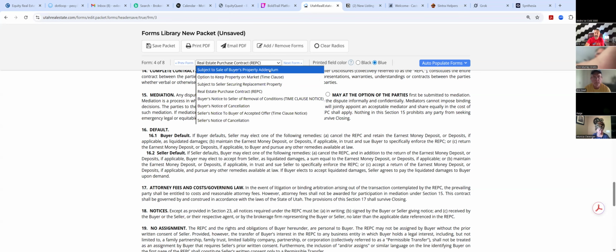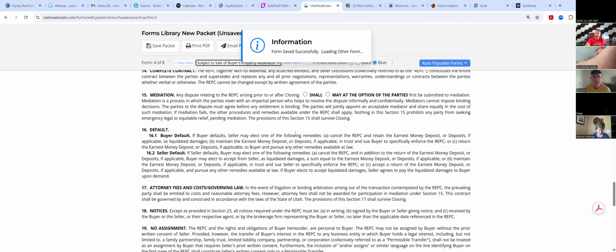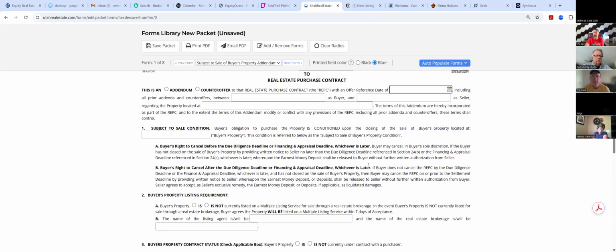So we go back to our seller buyer's property addendum and the right to cancel after the due diligence or finance and appraisal, but prior to the settlement deadline. Now that's on or prior to the settlement, so it could be the day of. That deadline's 5 p.m. on whichever date.